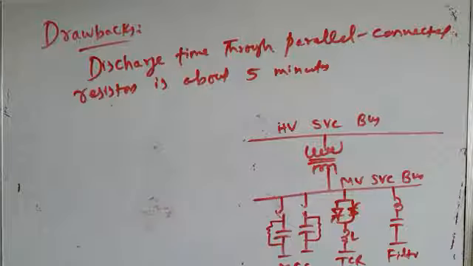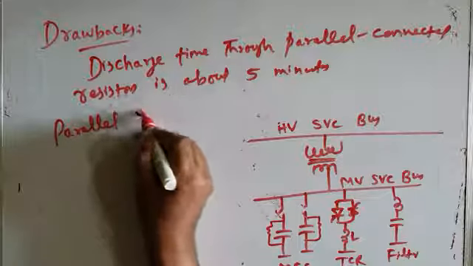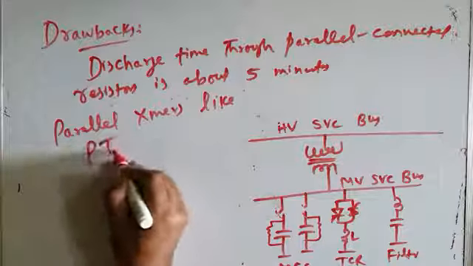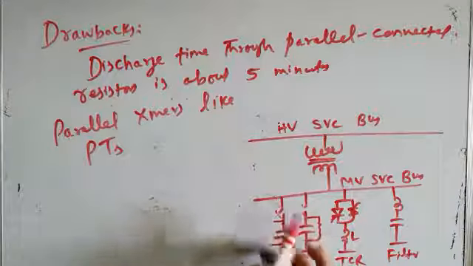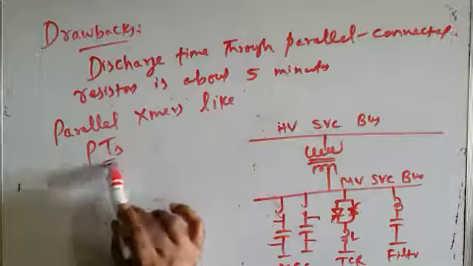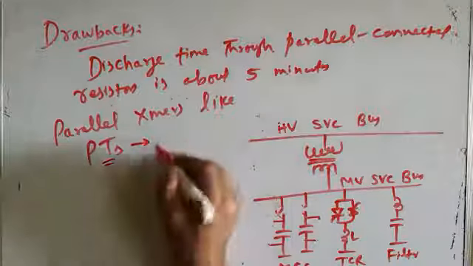And how can we discharge them fast? If small parallel transformers like PTs, potential transformers, are connected across the capacitor banks instead of these resistors, the capacitor banks then very quickly discharge.